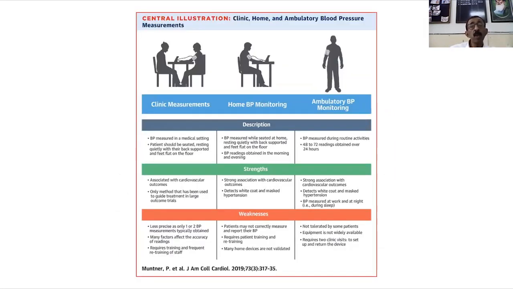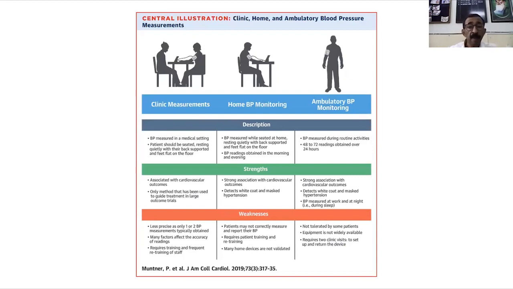Now, this is a very good slide. It compares the three methods of BP measurement and monitoring: the clinic measurement, then the home blood pressure monitoring, and the ambulatory BP monitoring.